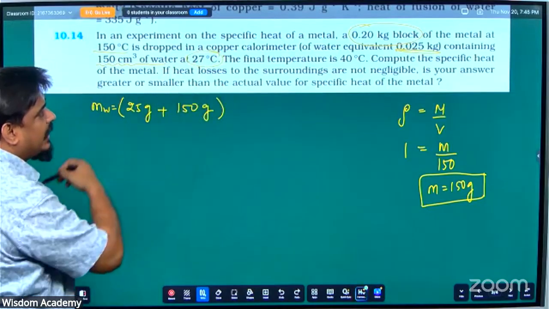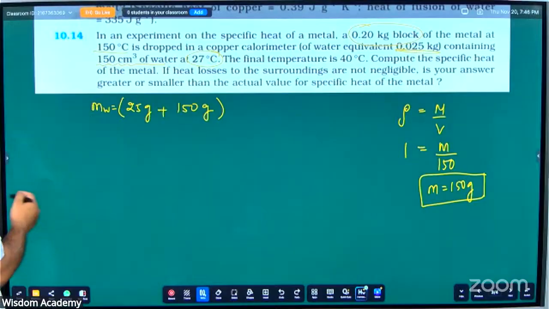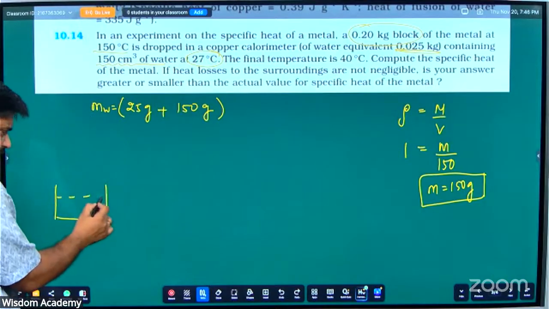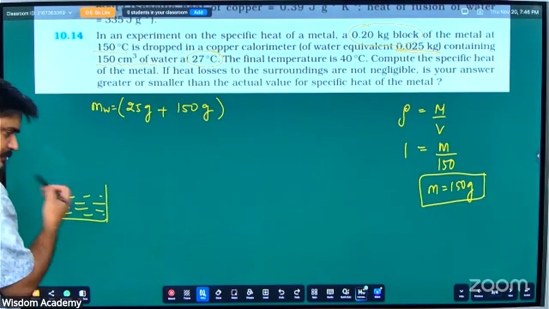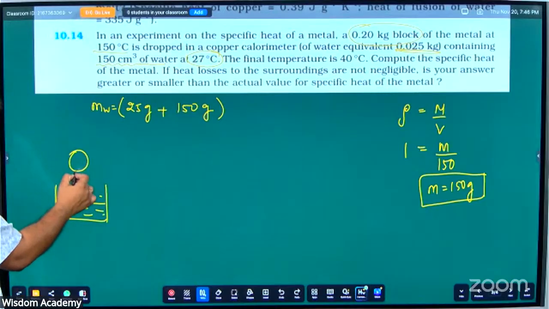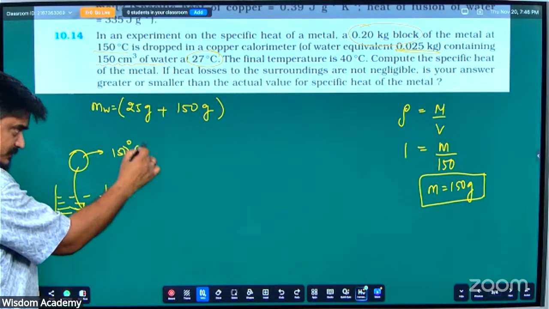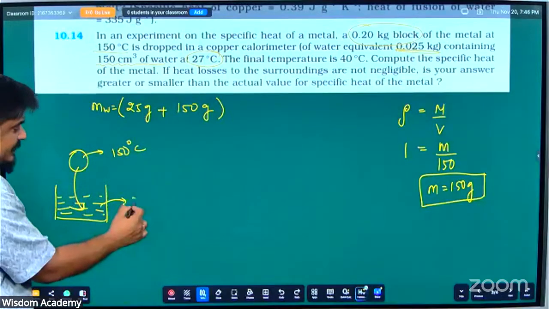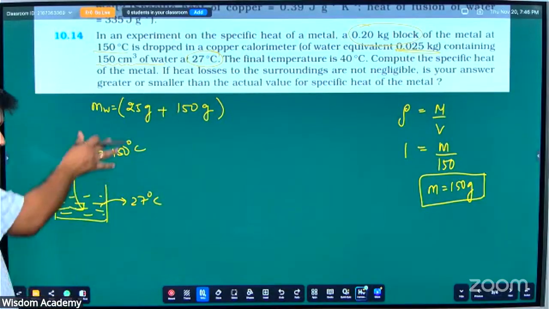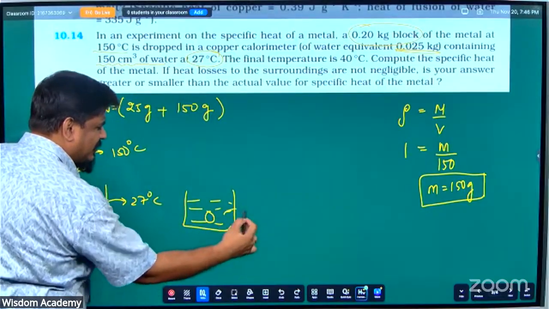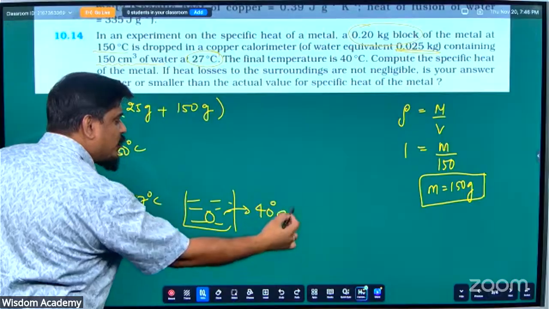See how the question is: assume there is a calorimeter having some water. There is a metal block dropped inside it. Metal block is at how much degree? After it is dropped, what is the resulting temperature? Who is gaining heat? Who is losing heat?